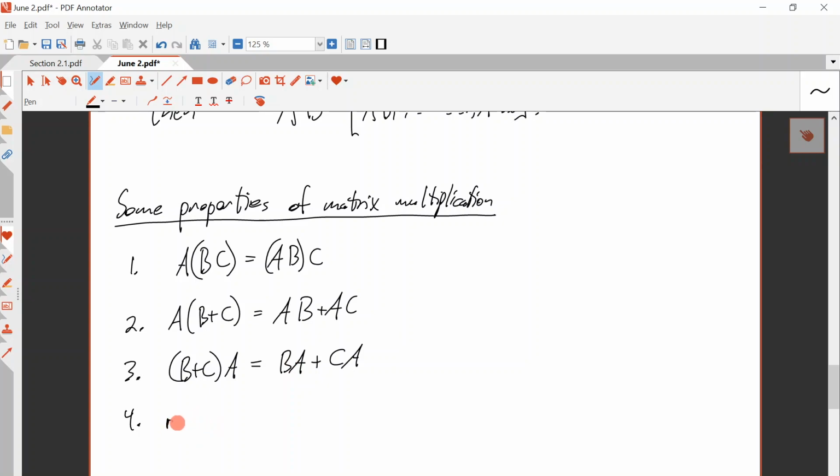And then for some scalar r, the scalar product of r and matrix AB is the same as matrix rA times matrix B, which is the same as A times matrix rB. Okay, for any scalar r.